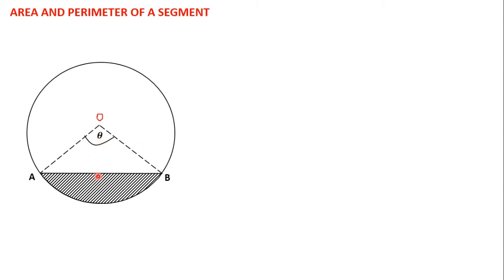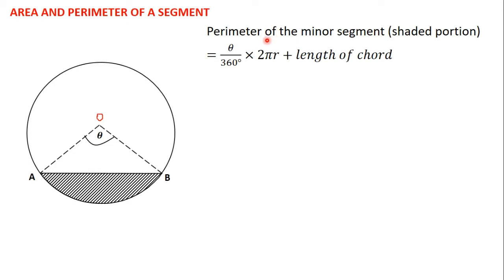When you have this, then the perimeter of the minor segment, that is the shaded portion, is theta divided by 360 times 2 pi r plus the length of the chord. So in effect, it is the length of the arc AB plus the length of the chord AB. That will give us the perimeter of this minor segment.